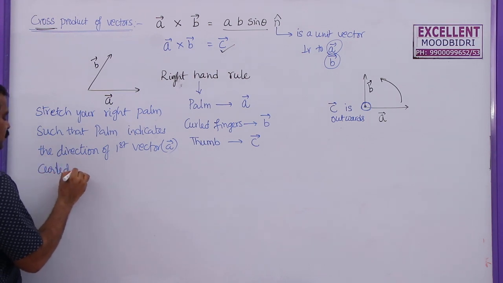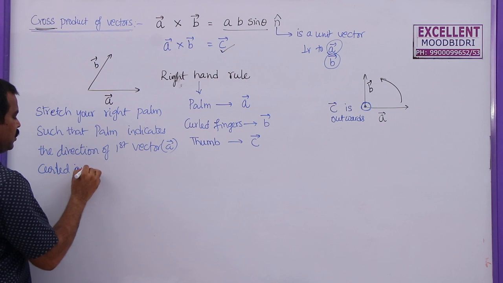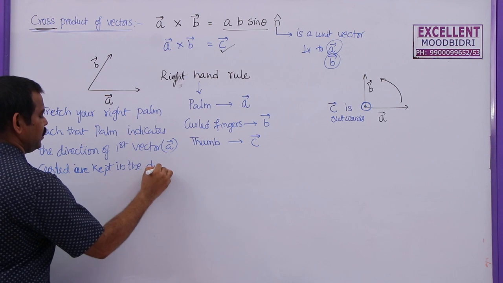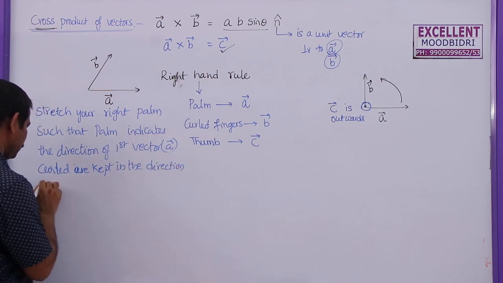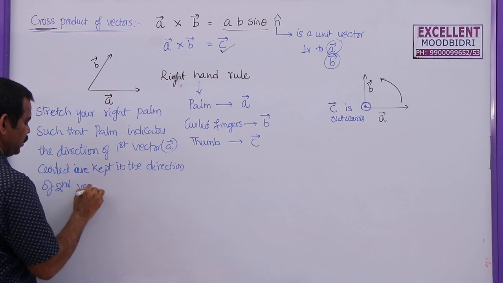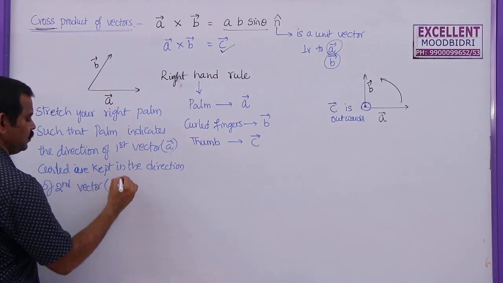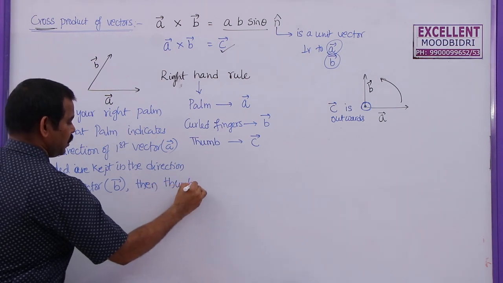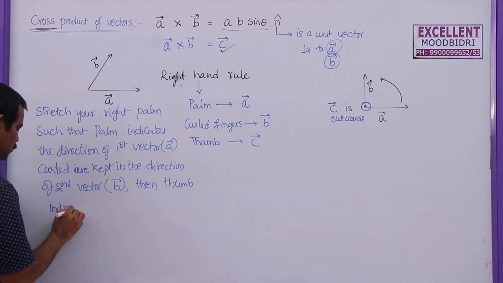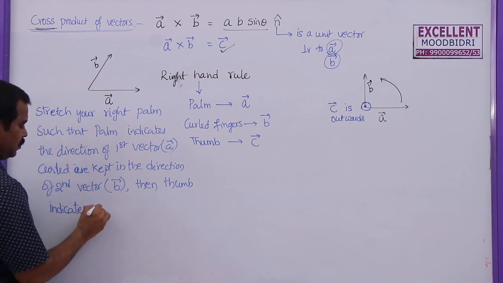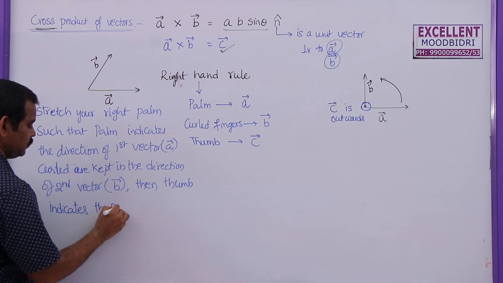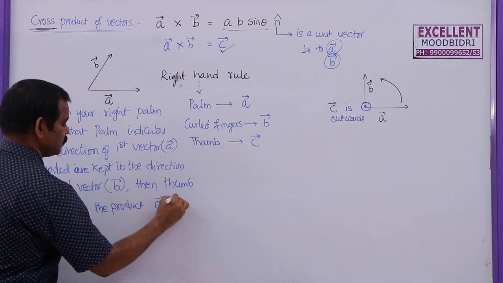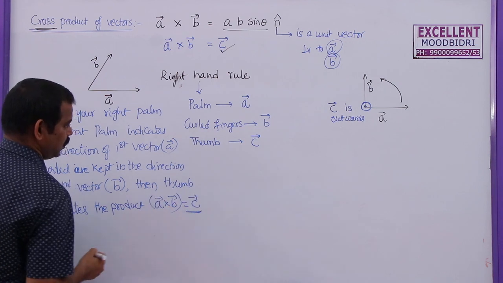Curled fingers are kept in the direction of second vector, that is B bar in this case. Then the thumb indicates the product of A bar cross B bar, that is C bar in this case.